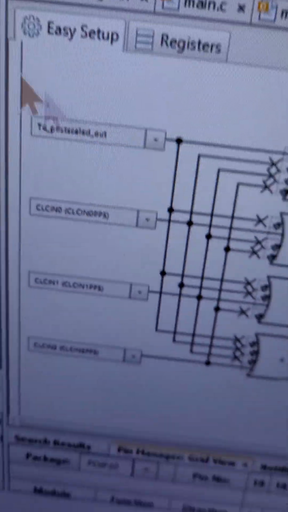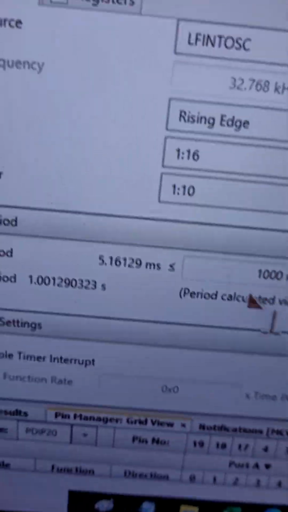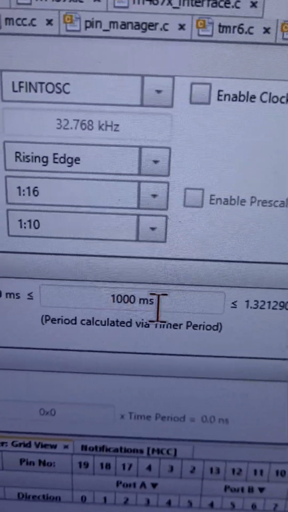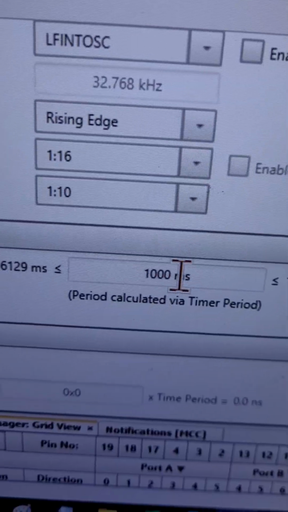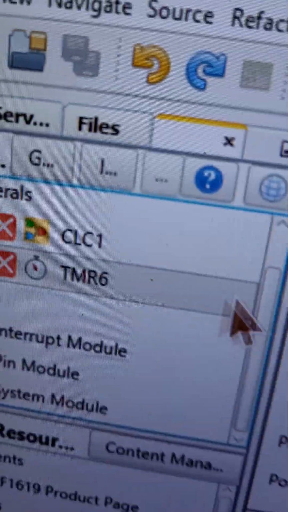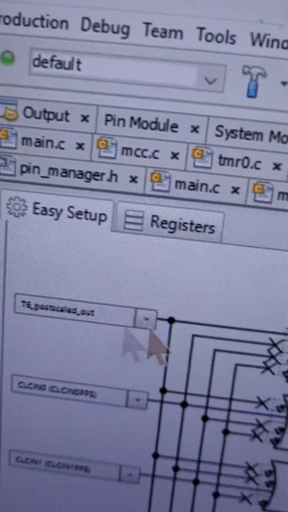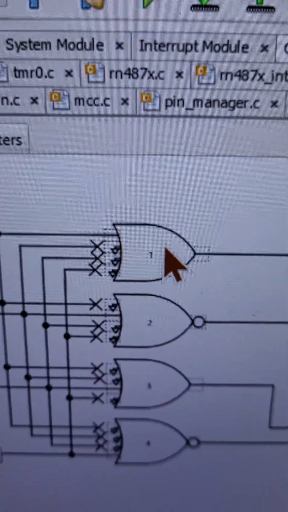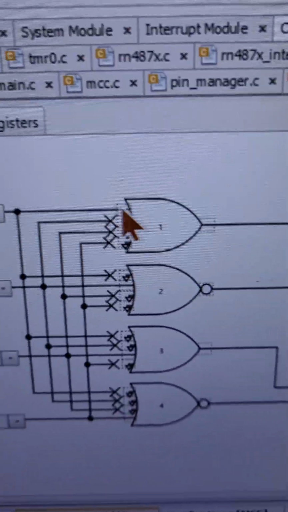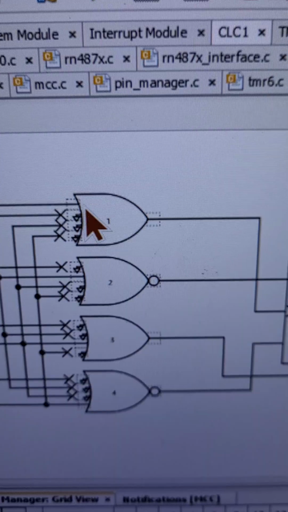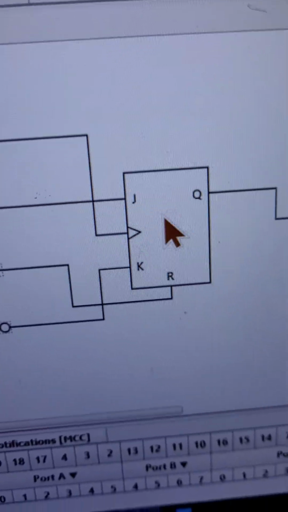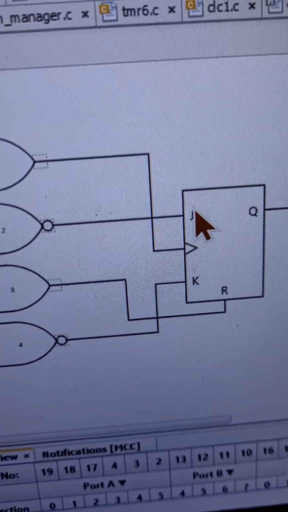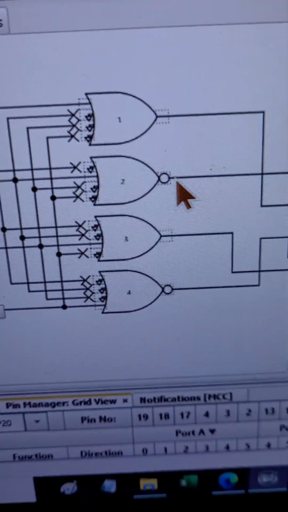Remember that now, let me recap. Timer 6 is delivering a square wave with a period of 1 second or 1000 milliseconds. The output of this timer is being fed to the input of this OR gate, and now we have a 1 second square wave input to the clock of the JK flip-flop, and both J and K are put high, okay?